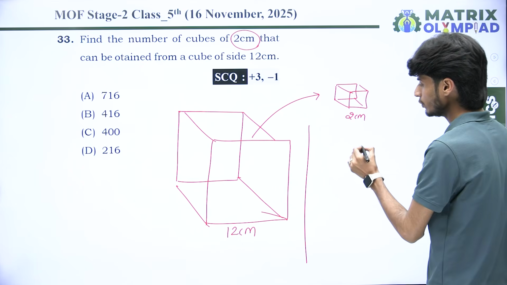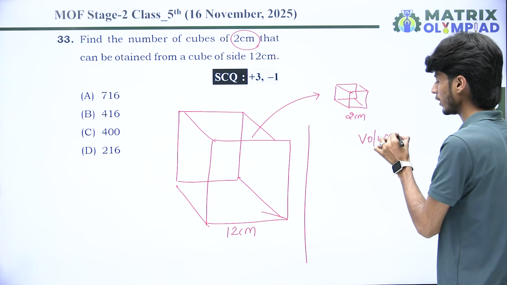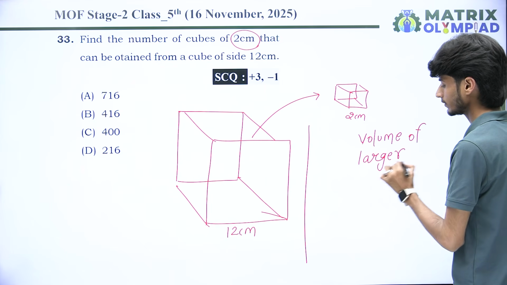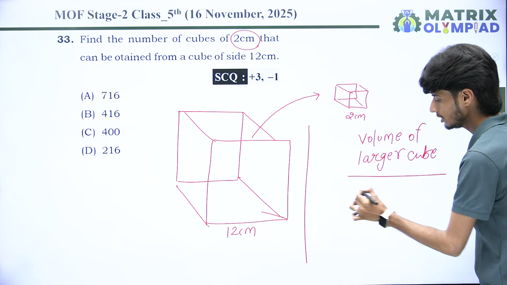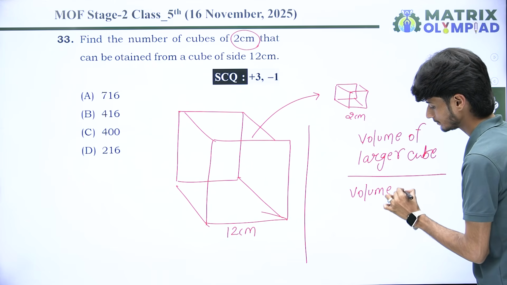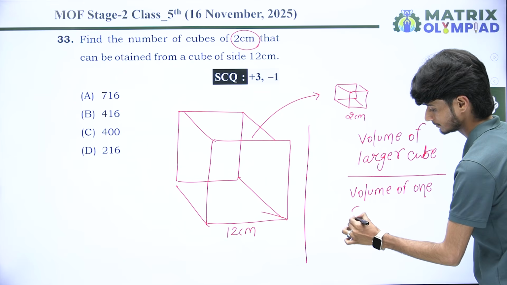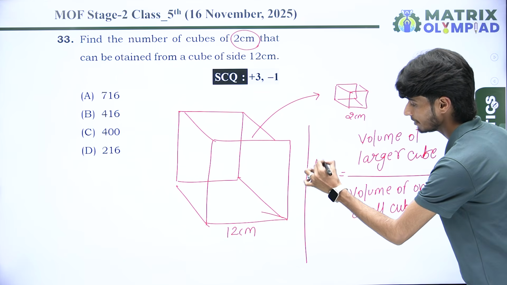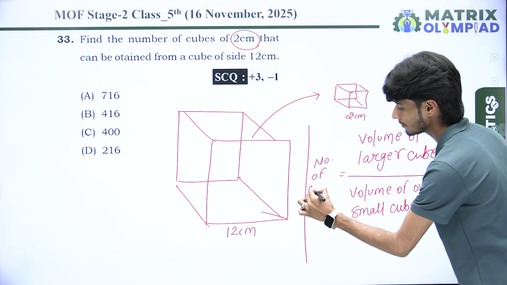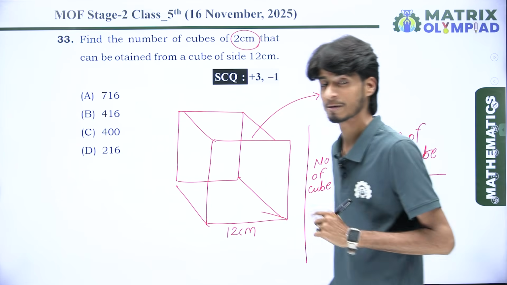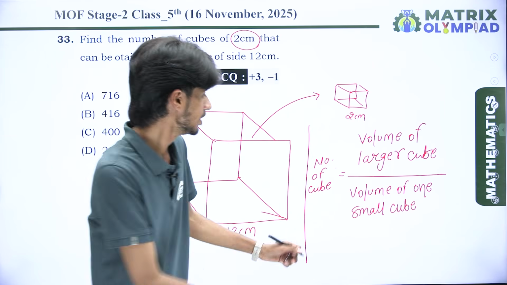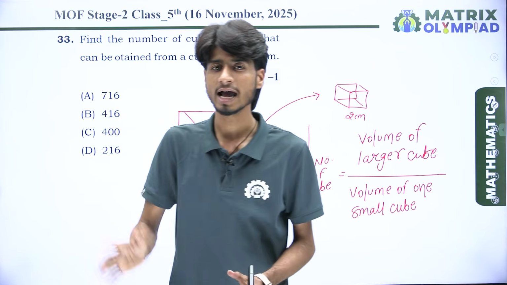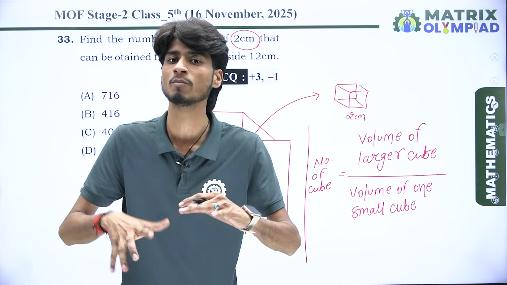Look, whenever you divide the volume of the larger cube by the volume of one small cube, then you get the number of cubes which you made by it.